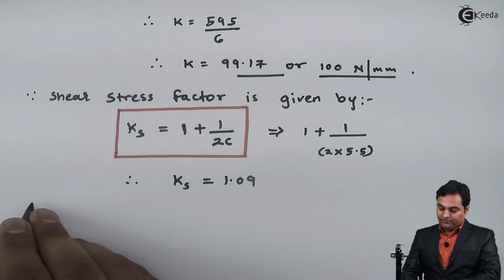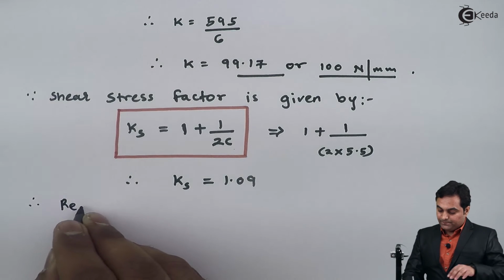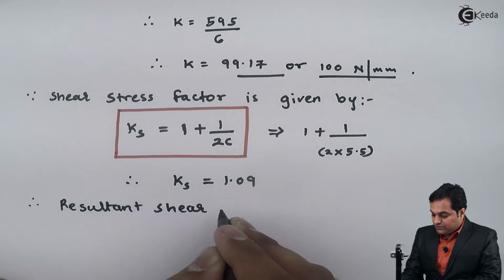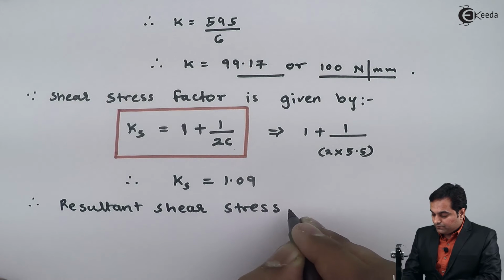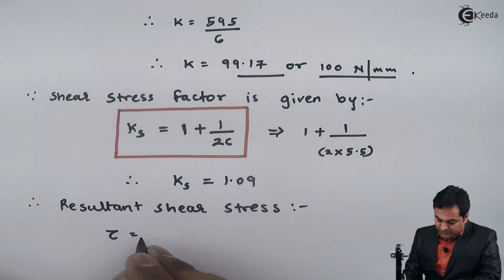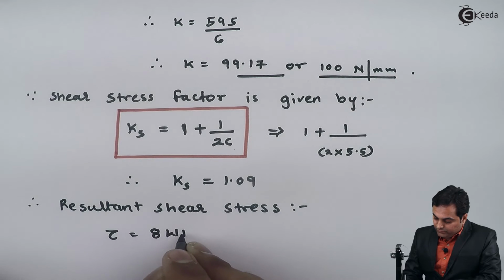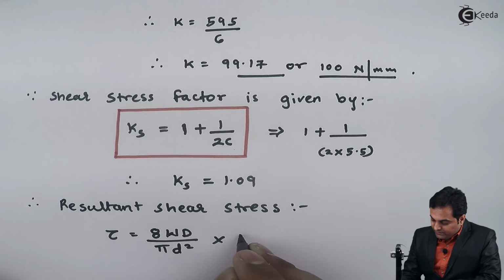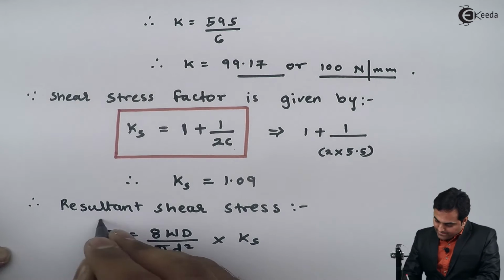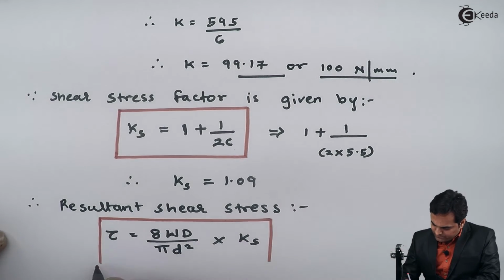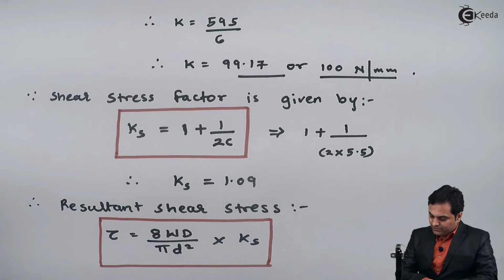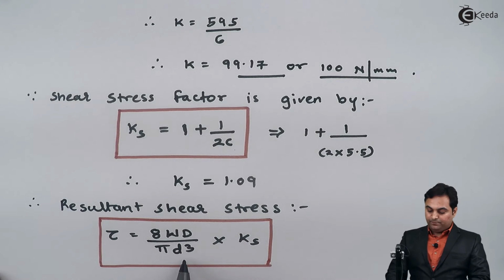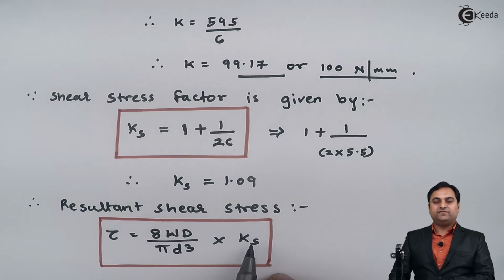So I'll say that therefore resultant shear stress, it is tau is equal to 8 WD upon pi d square multiplied by Ks. And here we have d cube, not a square. So it is 8 WD upon pi d cube into Ks, which is the shear stress factor.